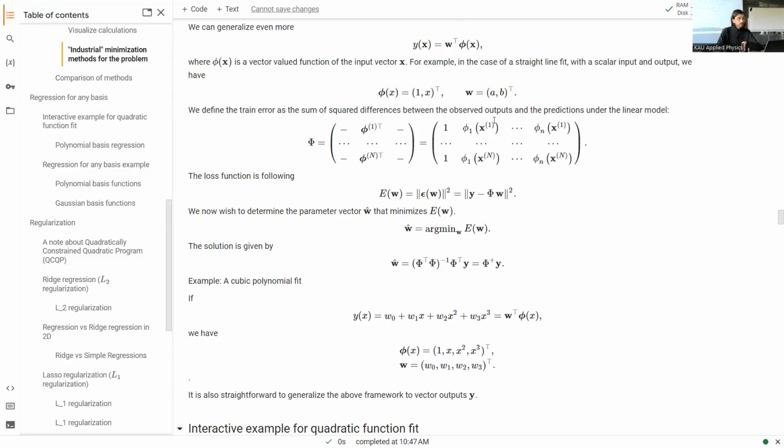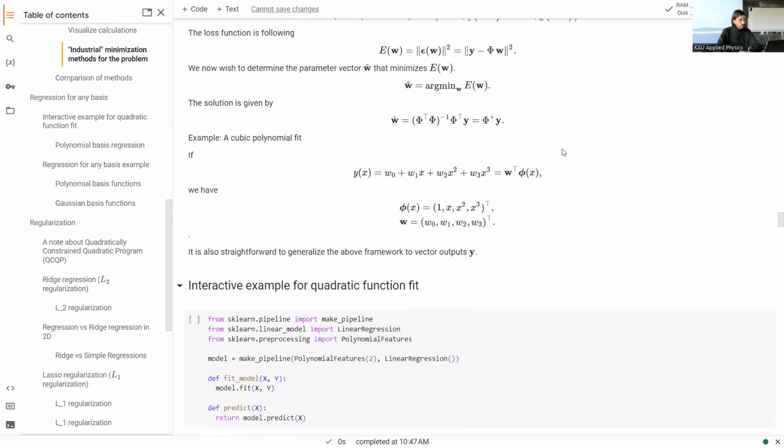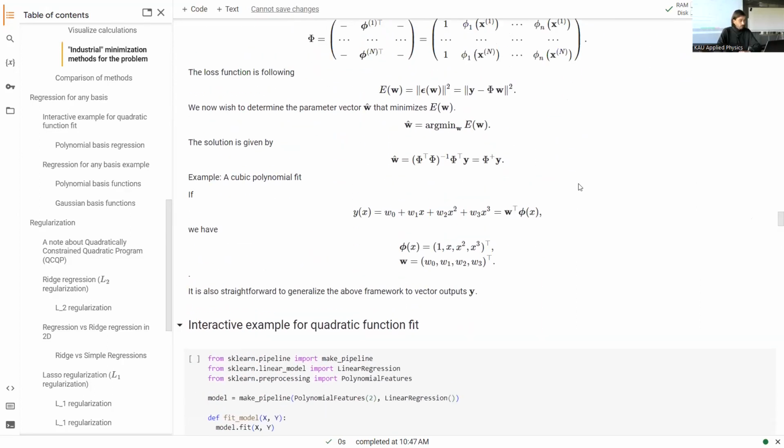The other idea I want you to be aware of: you may take any number of these functions phi as you wish. They do not depend on the dimensionality of the initial space your data points were living in. Here is a very simple example.